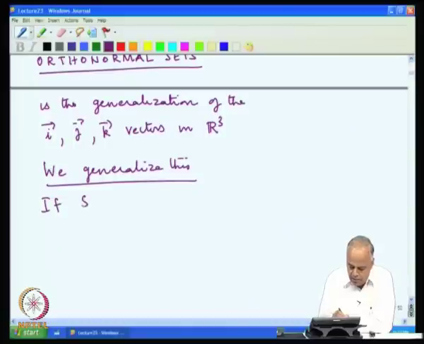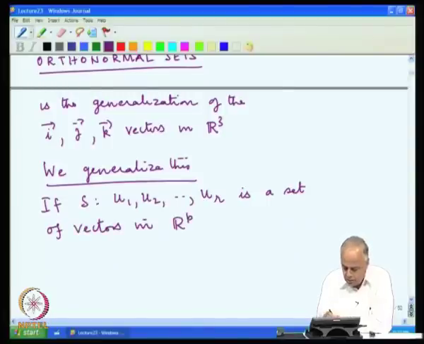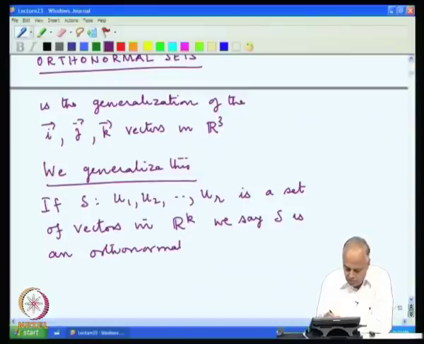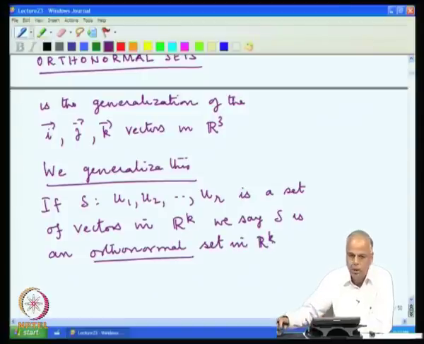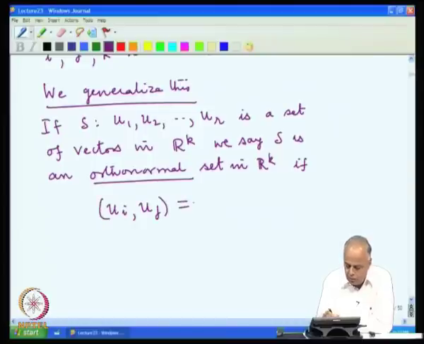If S is {u_1, u_2, ..., u_r}, a set of vectors in R^k, we say S is an orthonormal set in R^k if any two of the vectors are orthogonal to each other: the inner product of u_i and u_j must be equal to 0 if i is not equal to j.